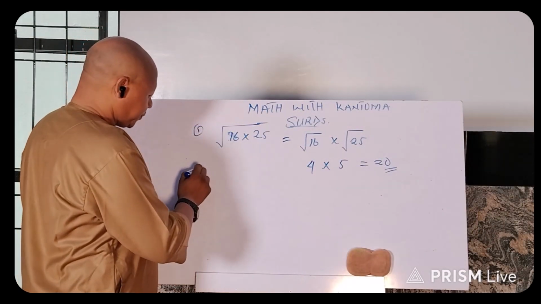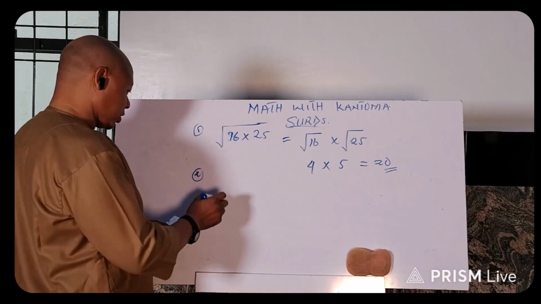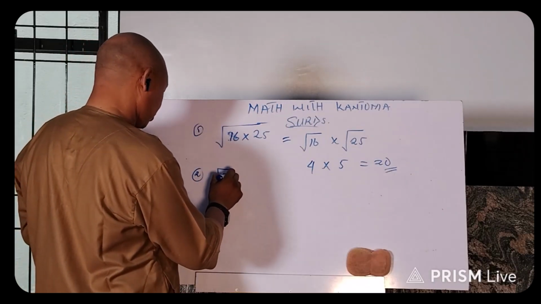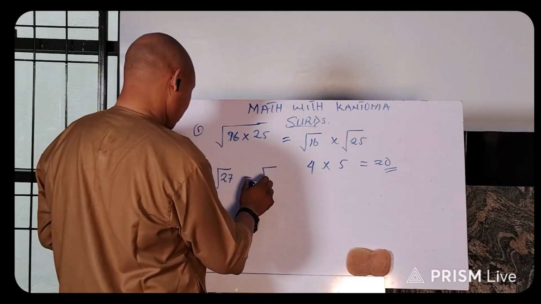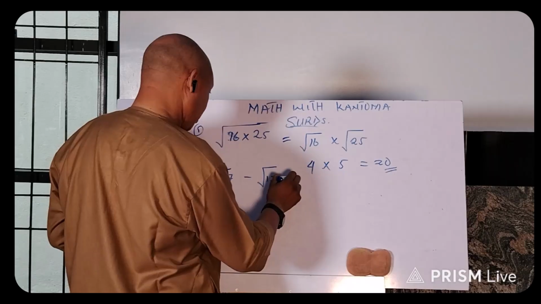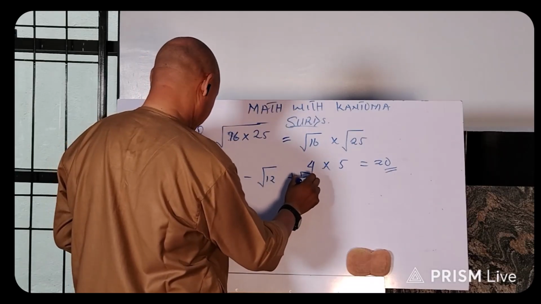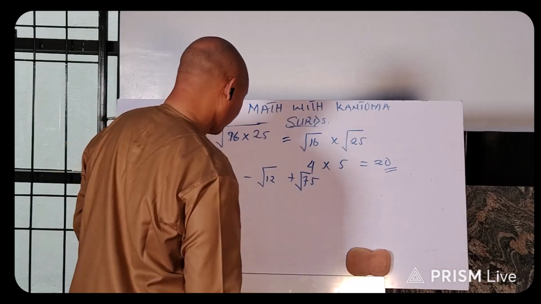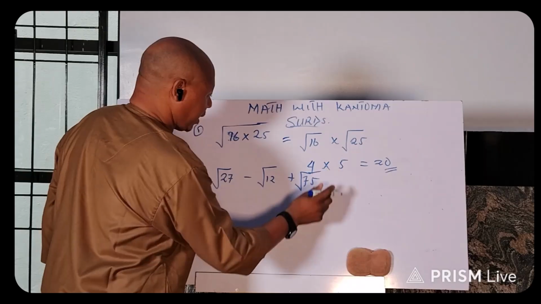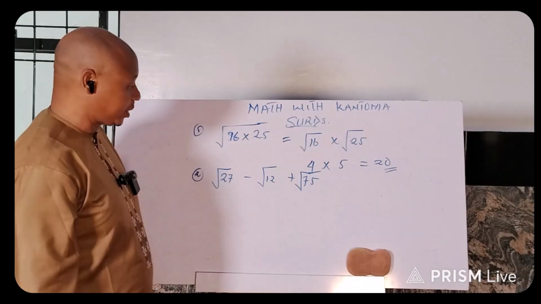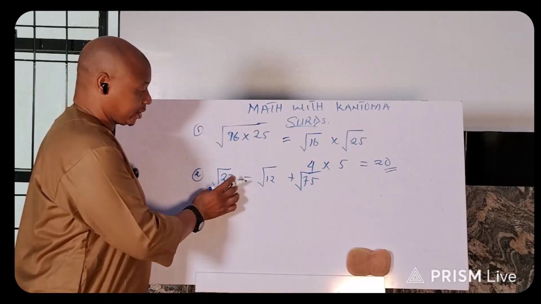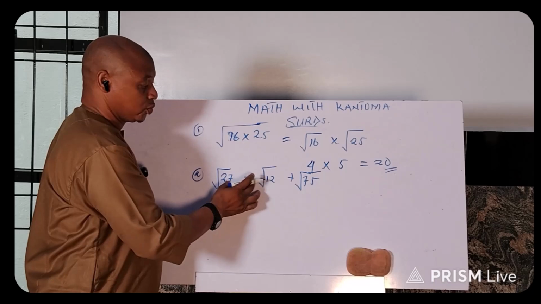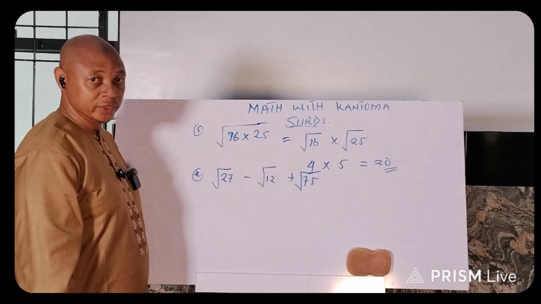Another example, we are asked to simplify square root of 27 minus square root of 12 plus square root of 75. Now simplifying this, these are separate surds, and this has to do with addition and subtraction of surds individually.